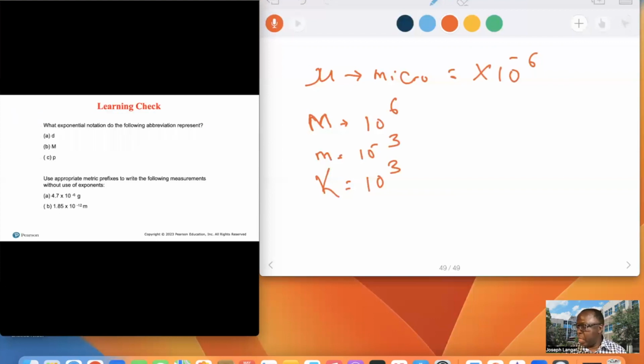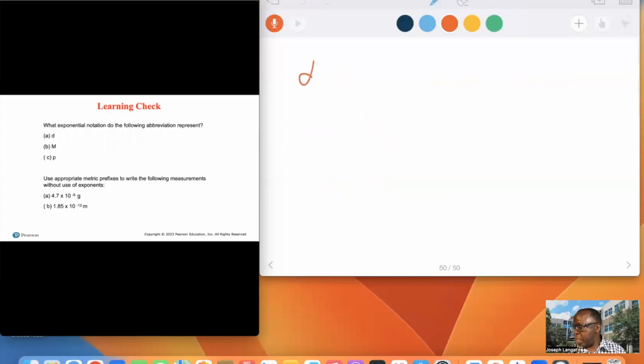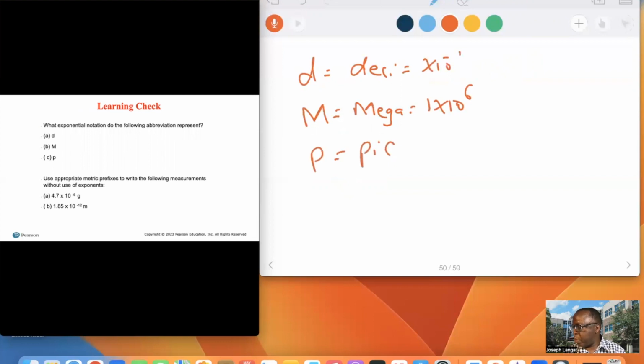So this is deci, which is times 10 raised to negative 1. Uppercase M is mega. It's 1 times 10 raised to 6. And P for pico, 10 raised to negative 12.